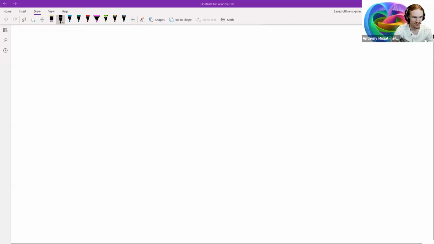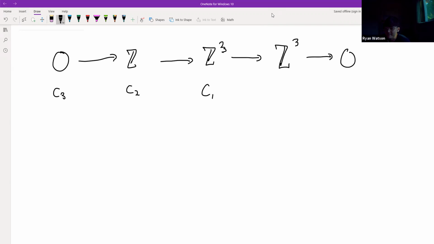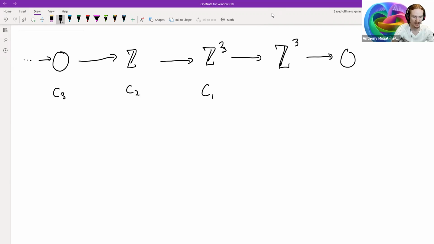So the first map from C2 to C1 is going to send the generator K to, is it going to send it to the sum? I think it's an alternating sum. Yeah, alternating sum.